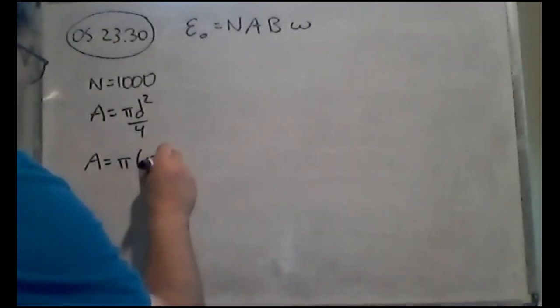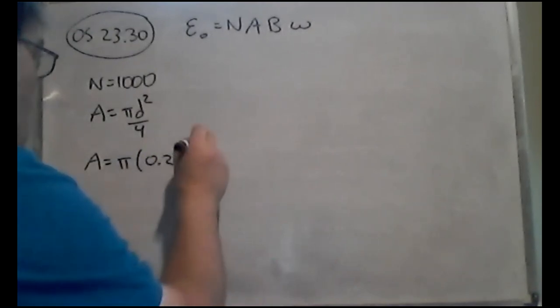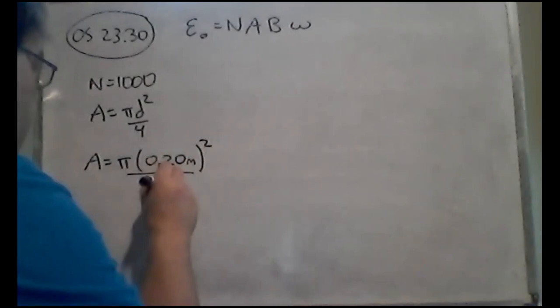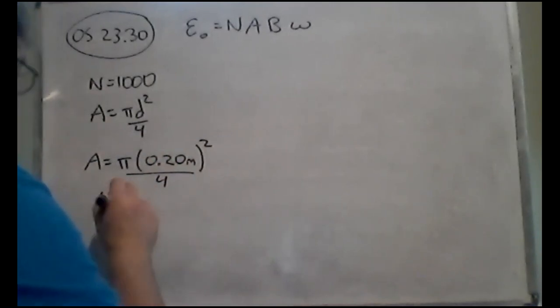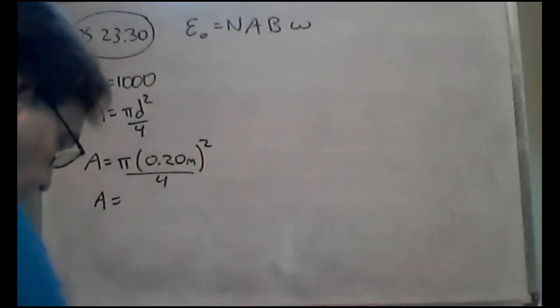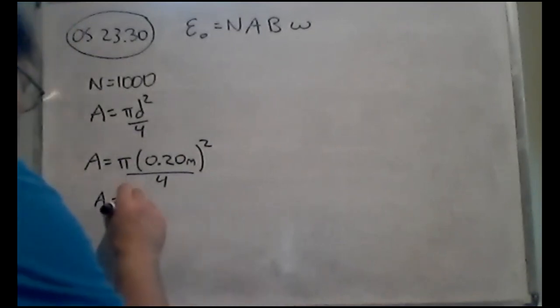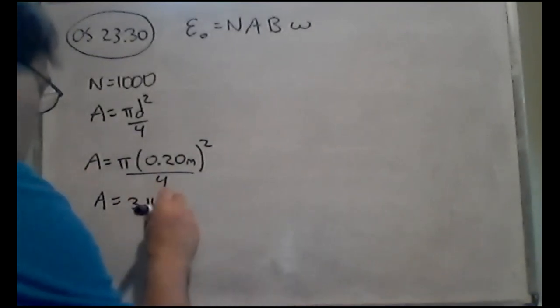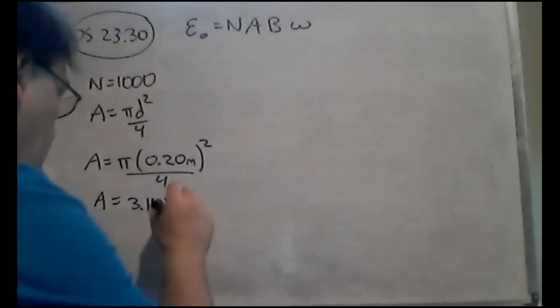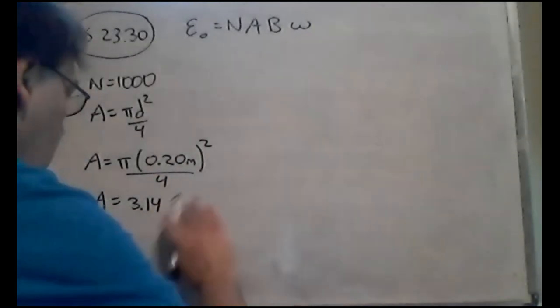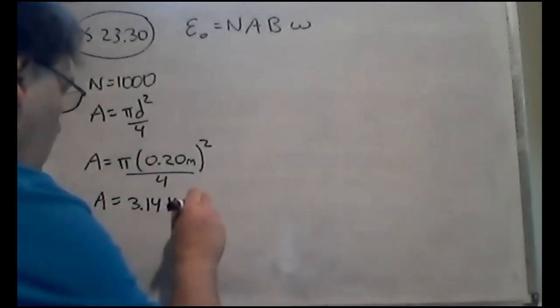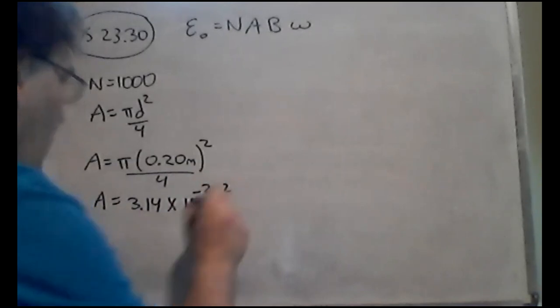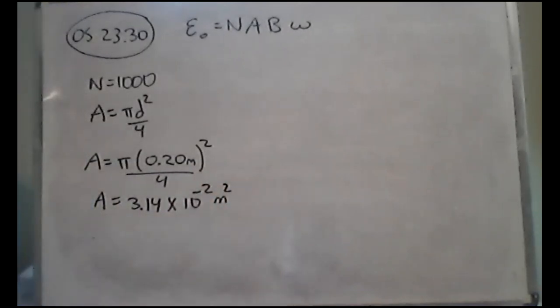That's 0.20 meters squared, divided by 4. The area is going to be 3.14 times 10 to the -2 meters squared. That's my area. That answers A.